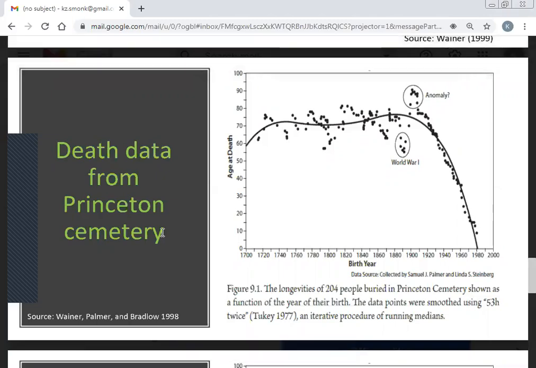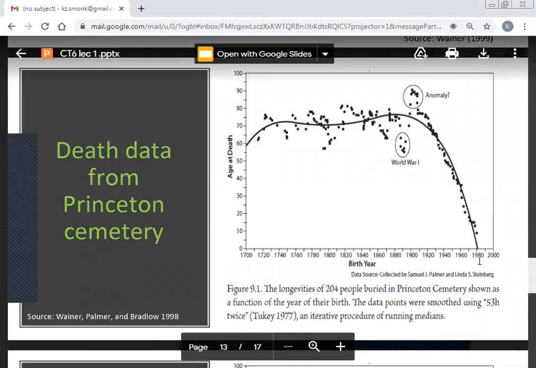The issue was that after a particular point in time, we saw a decrease in the average age of death of people. So does anyone remember what we thought about this particular graph and what we concluded?